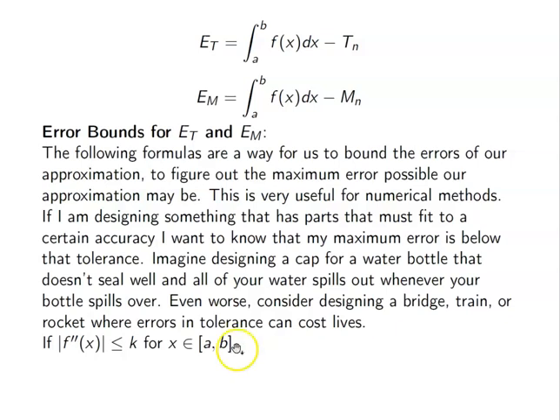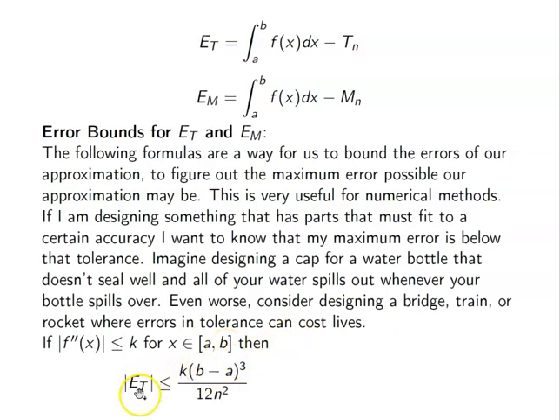So for now, we have the second derivative, and I need the absolute value, and I need it bounded by some value. I need it to always be less than some constant over my interval. That doesn't mean forever, just over my interval, okay?